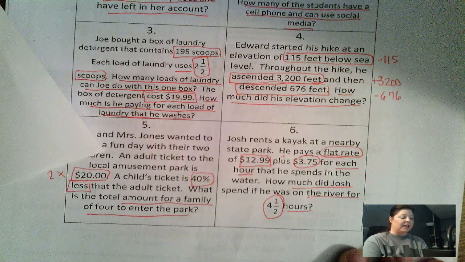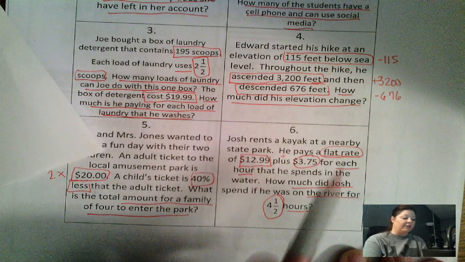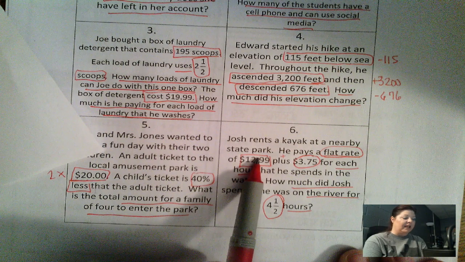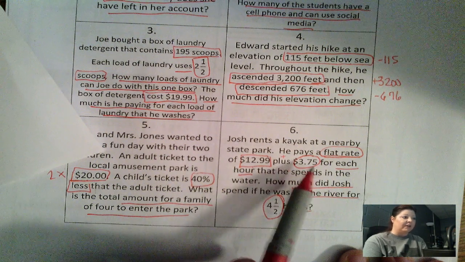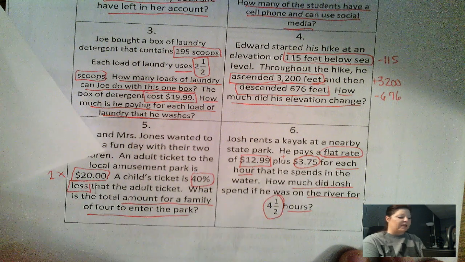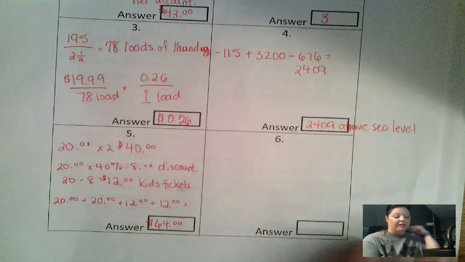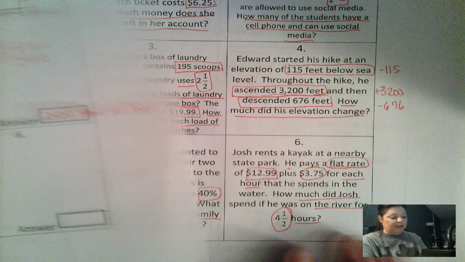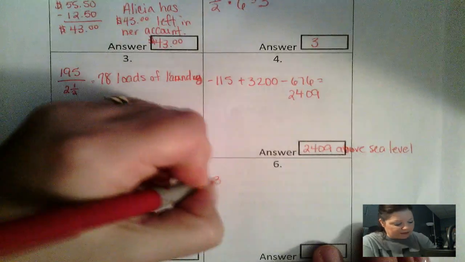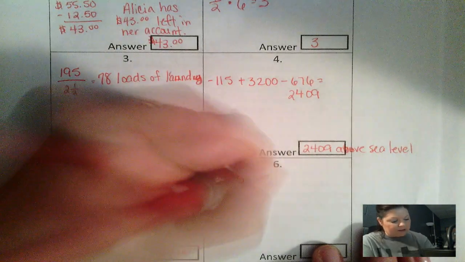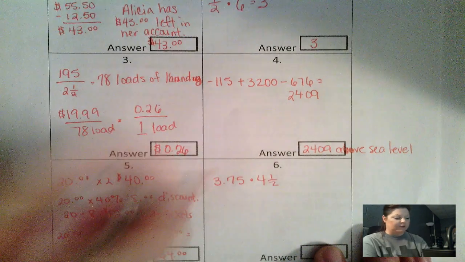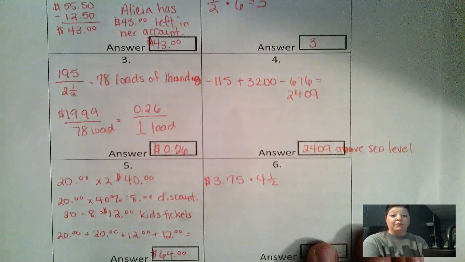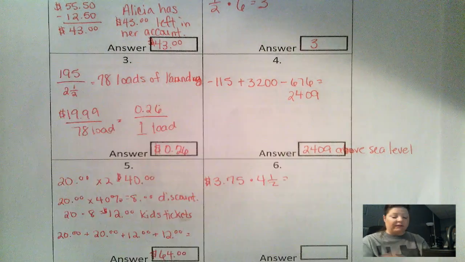Okay, so how much did he spend if he was on the river for 4.5 hours? That's our question. So I look at this and I go flat rate of $12.99, okay, and then 4.5 hours or 4.5 times the $3.75 per hour. So let's start off with trying to get the $3.75 an hour times the 4.5 hours that he was on the river first to find out how much he paid for the 4.5 hours, sorry.